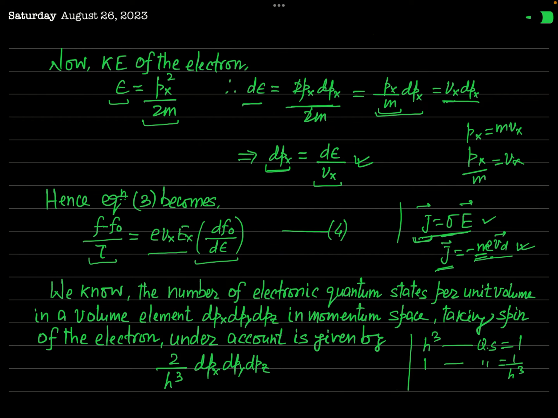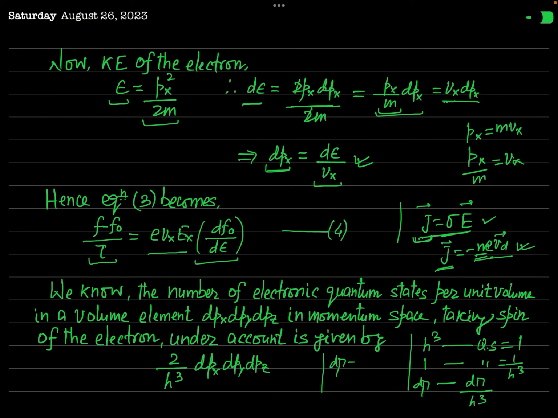If you consider that d gamma is the volume in phase space, then in this d gamma volume, what will be the number of quantum states? That will be d gamma over h cube. So d gamma over h cube represents the number of quantum states in volume d gamma in phase space.